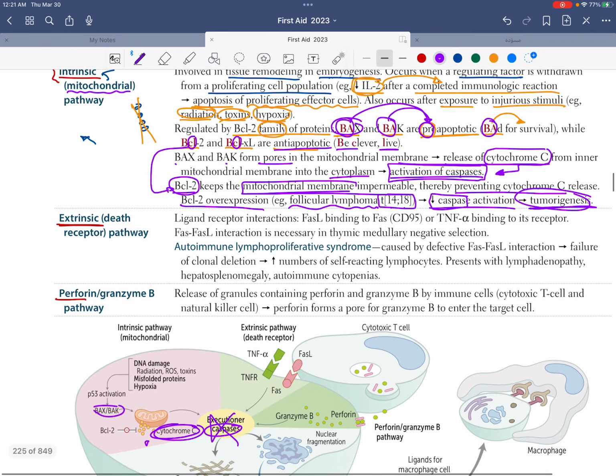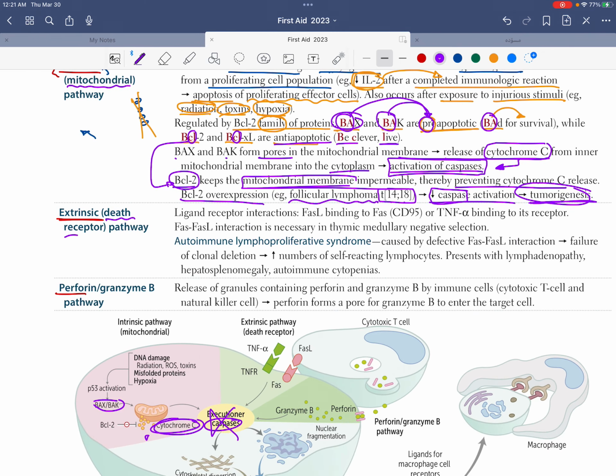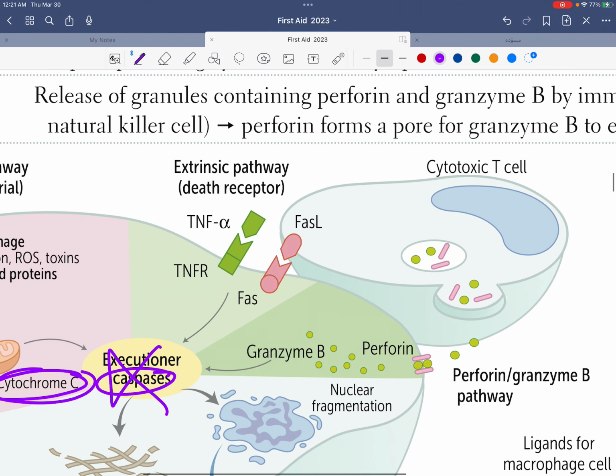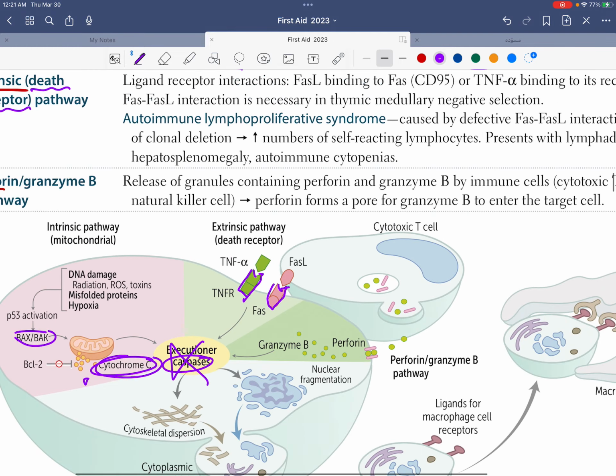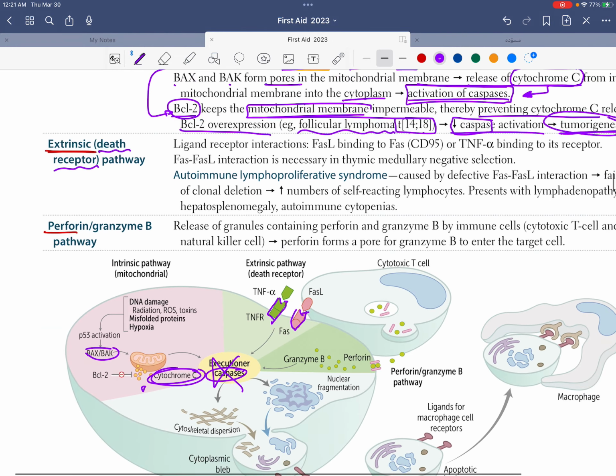Now the extrinsic pathway is the death receptor pathway. I think it's clear from the name, because a death receptor receives signals from outside of the cell, from effectors that kill that cell. It's a ligand-receptor interaction.